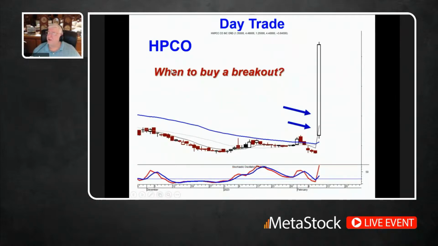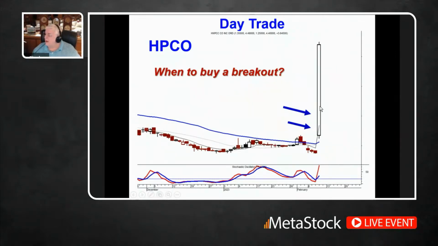So when you see something like this, that is the advantage of having a chat room where everybody's looking for the same type of situations. Look at our little gap up breakout. The rhetorical question is, should you be buying here, here, here, here?